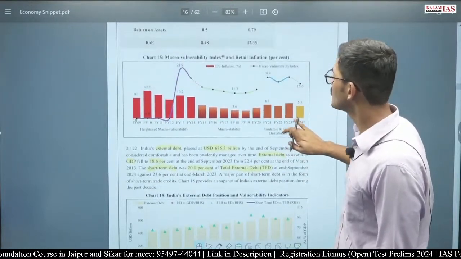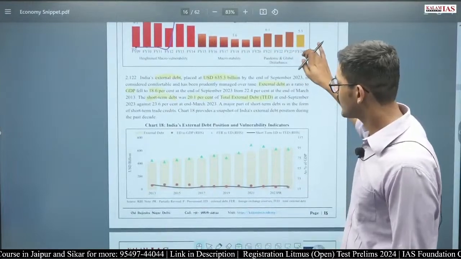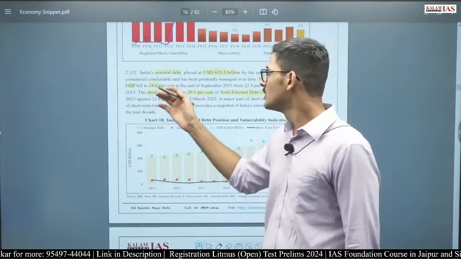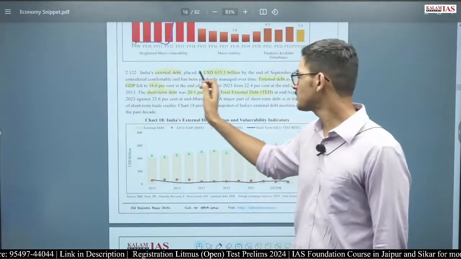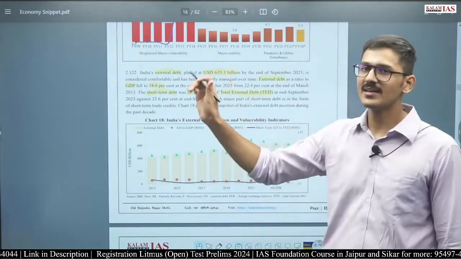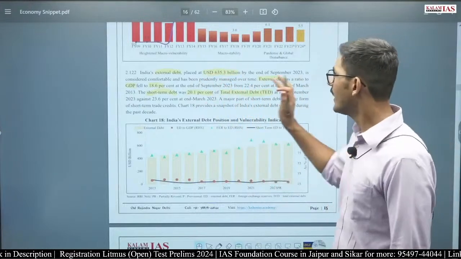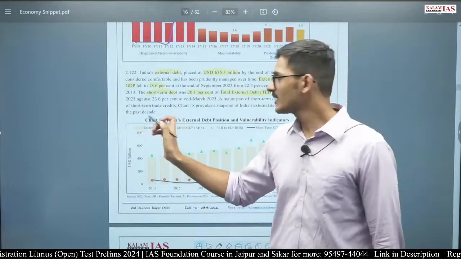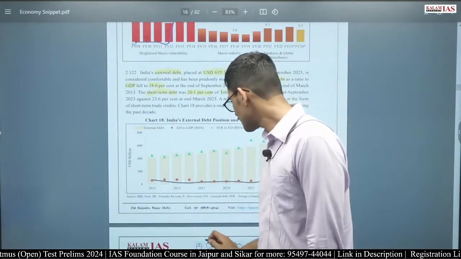Now this data is not very important. This paragraph talks about India's external debt. India's external debt was placed at a total of 635 billion at the end of September 2023, and external debt as a ratio to GDP has reduced to 18.6%.